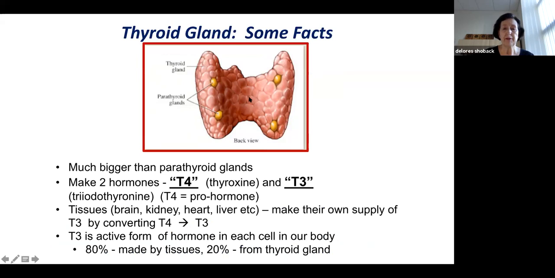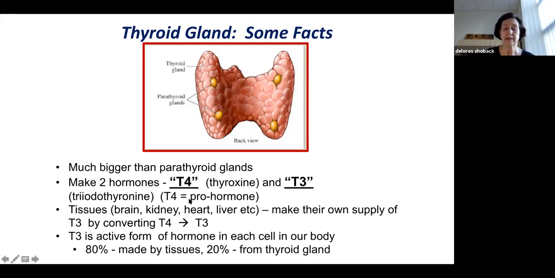Okay, let's not forget about the thyroid, because most of the time when we get together as an audience, I take a poll and over half of you, sometimes 70, 80%, are taking thyroid hormone. That comes from the thyroid gland, much bigger than the parathyroids. Two hormones are made, a hormone called T4, thyroxine, and T3, triiodothyronine.